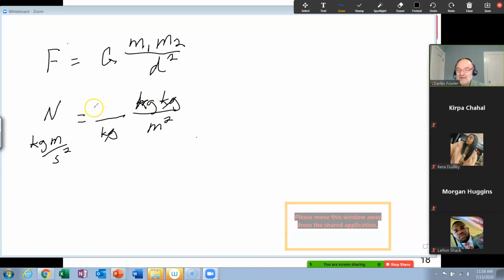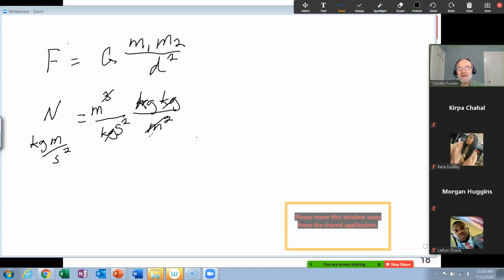It has to have a meter cubed here, which is such a pain in the neck, so this per meter squared here can cancel that out. Now we have a kilogram meter, and we just need a second squared down here. So this unit also has to have a second squared. So what are the units for G? Meter cubed per kilogram second squared. That way you get newtons on this side and newtons on that side.